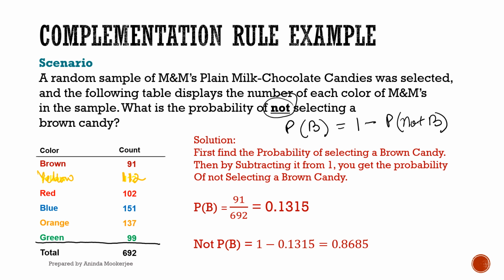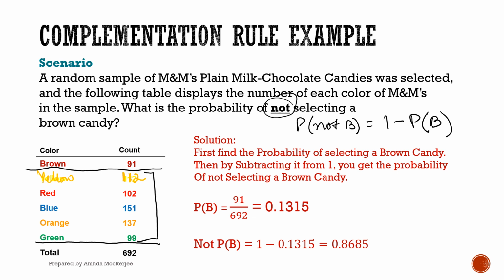So we can work this out like this. Probability of not B is equal to 1 minus probability of B. What they are asking here is, what is the probability of selecting every other color except brown? What is the probability of not selecting a brown candy?